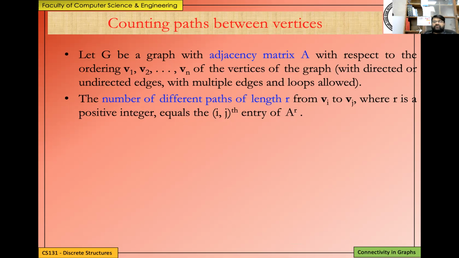So for example, if you want to find the number of different paths of length 5 from vertex A1 to A5, you just need to take the A1, A5th entry in the product matrix A to the power 5.